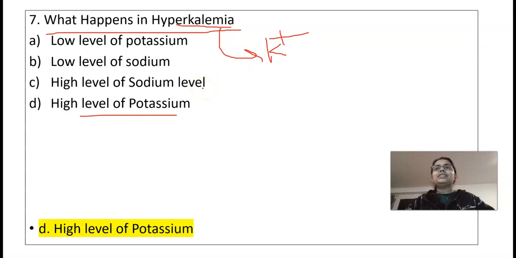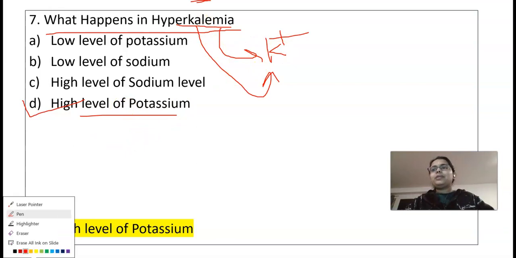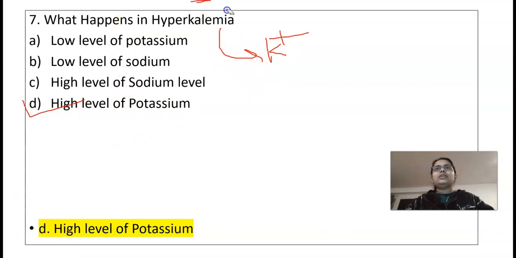So the correct answer is exactly what you guessed: high level of potassium means hyperkalemia. Hyper means more, and kalemia, K, that is K plus. So when K plus is more, that is known as hyperkalemia. Okay, you can remember it that way. That will be useful in the exam.